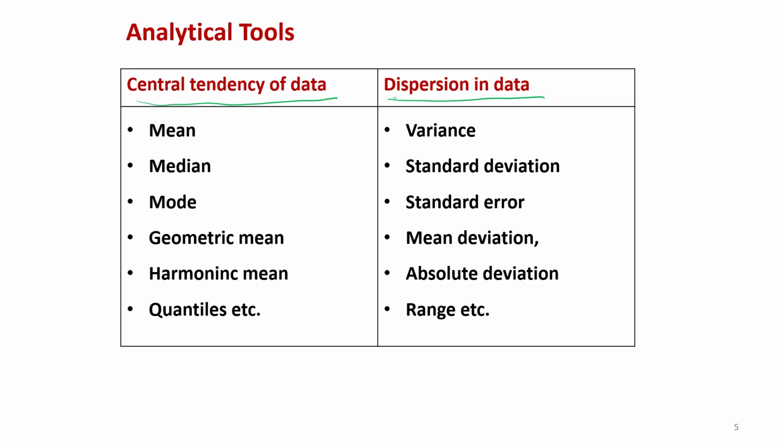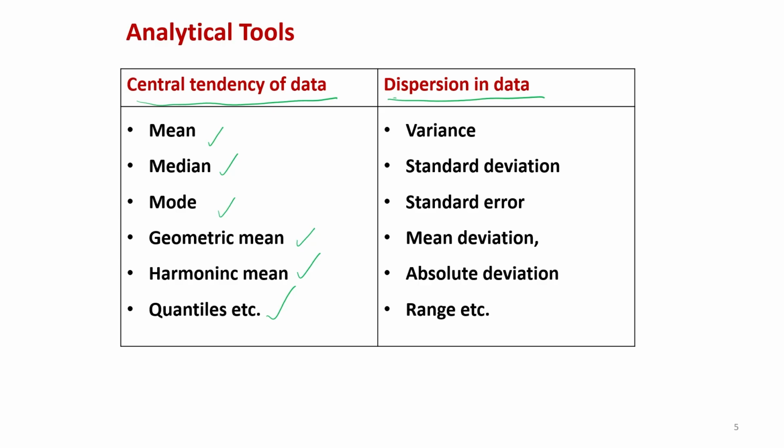For example, central tendency means the average value, the value around which most of the data is concentrated. There are different tools, for example, mean, that is arithmetic mean, median, mode, geometric mean, harmonic mean, quantiles, etc. They are different tools which give us an idea about the central tendency of the data.